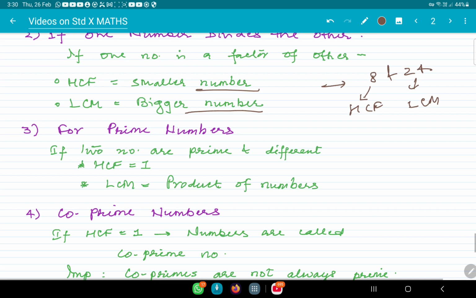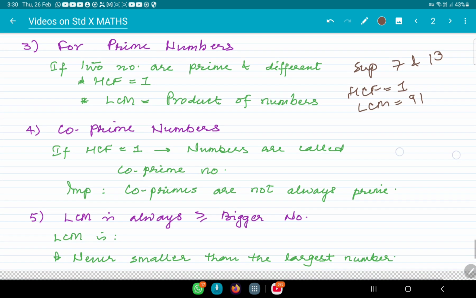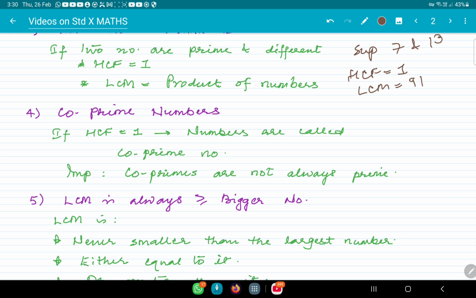Next is for prime numbers. If two numbers are prime and different, then HCF will be 1 and LCM will be the product of the numbers. For this, suppose we take 7 and 13. HCF will be 1, and LCM will be 91. Now next is co-prime numbers. Co-prime numbers means if HCF is 1, the numbers are called co-prime numbers.